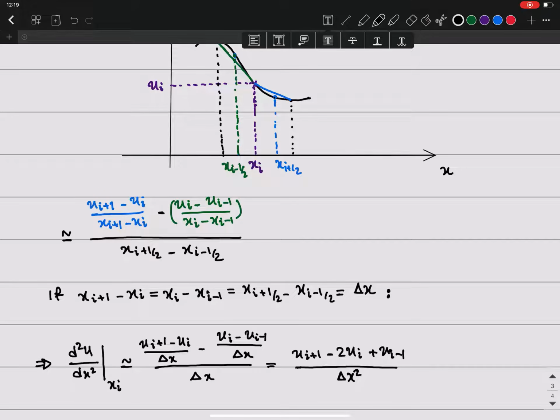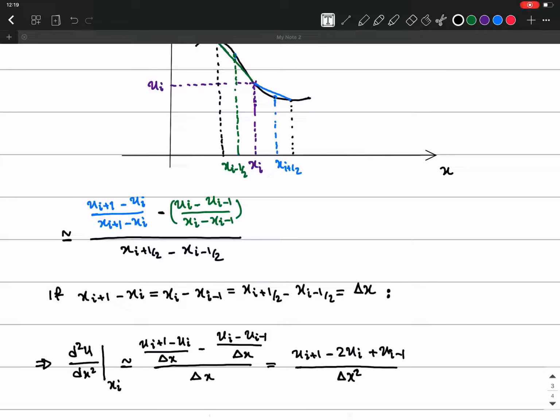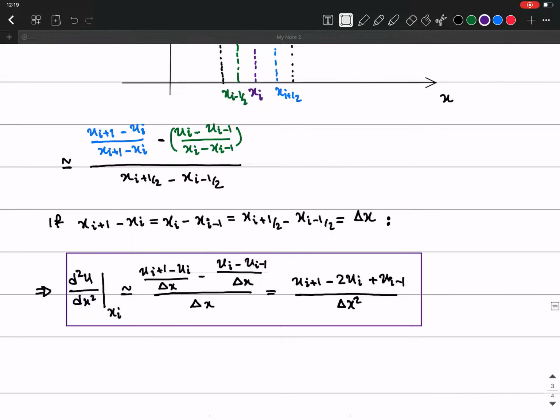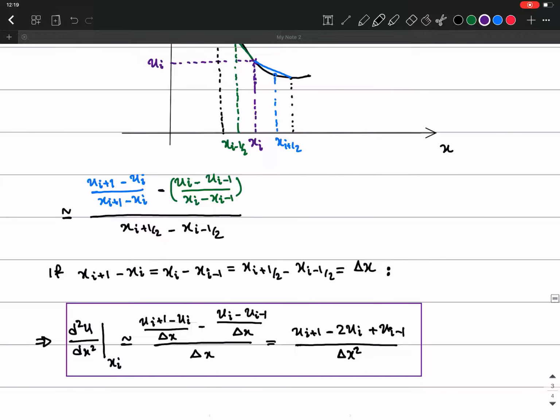So this is how you can approximate the second derivative of u with respect to x, at the same points that we had before: i plus 1, i, and i minus 1.